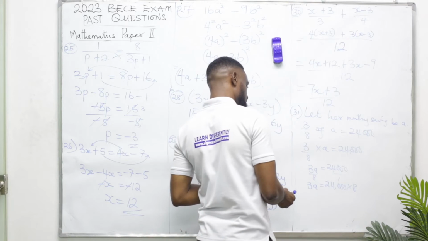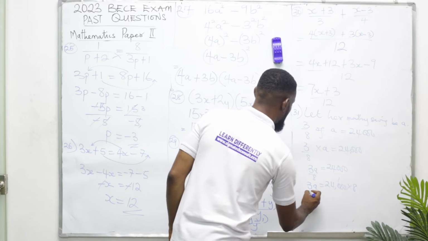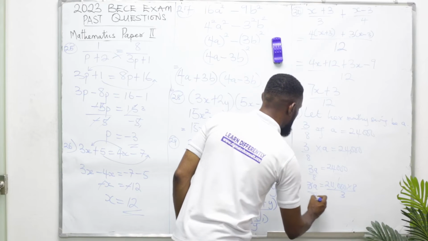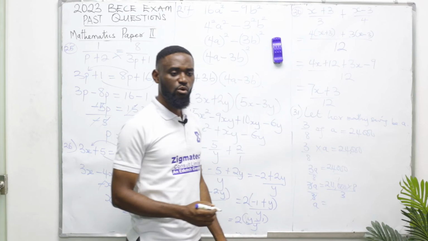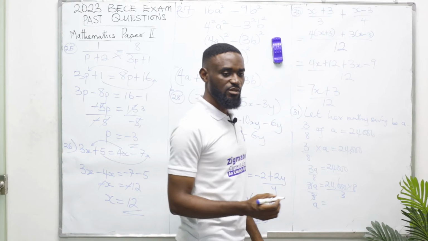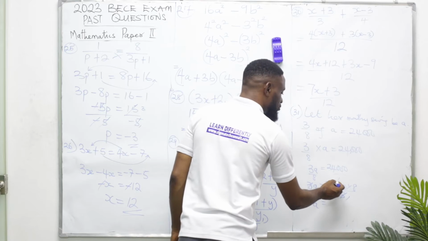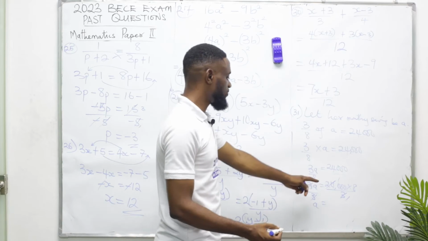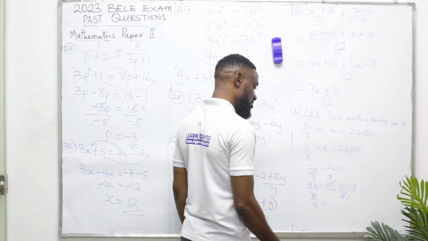So we divide both sides by 3. This 3 and this 3 cancel, and A will be equal to... 3 into 24 is 8.